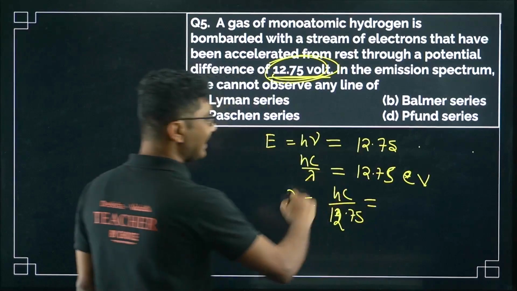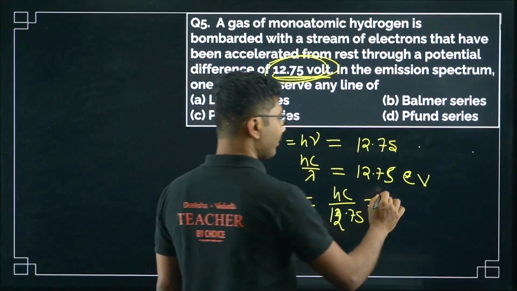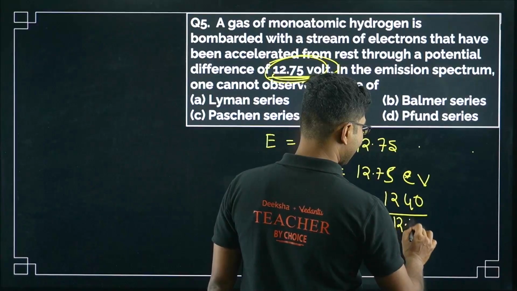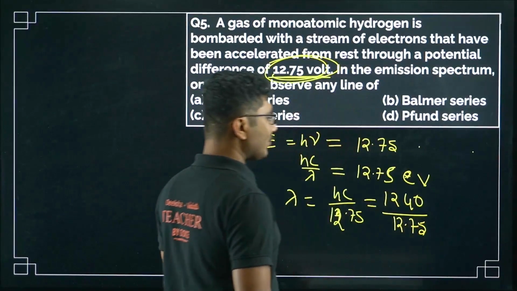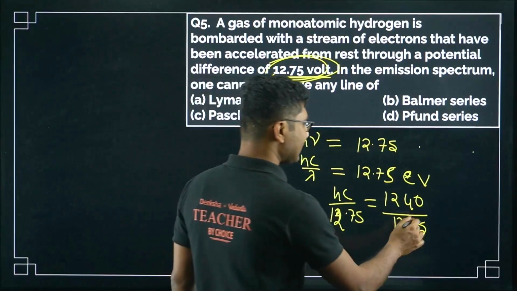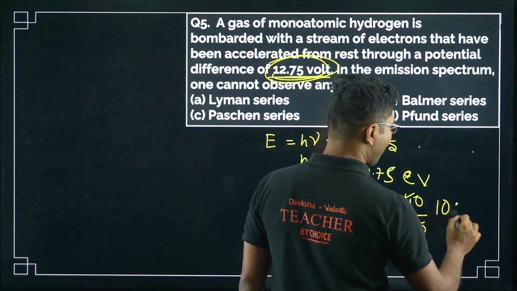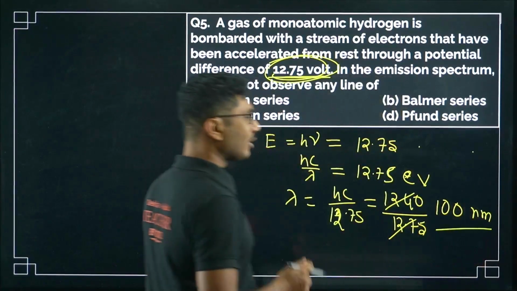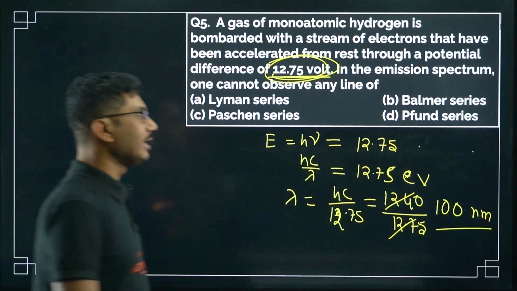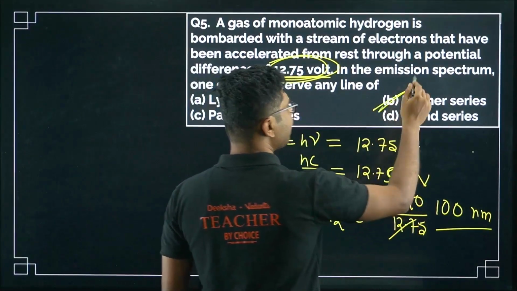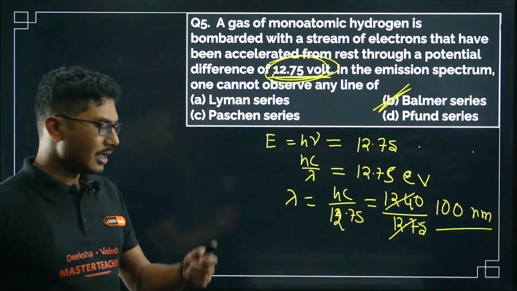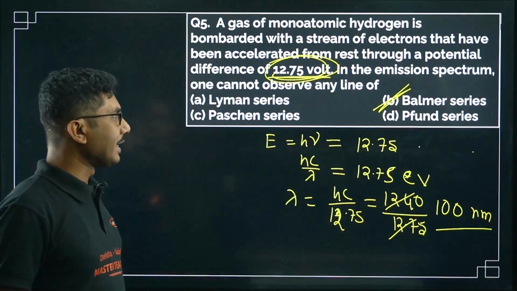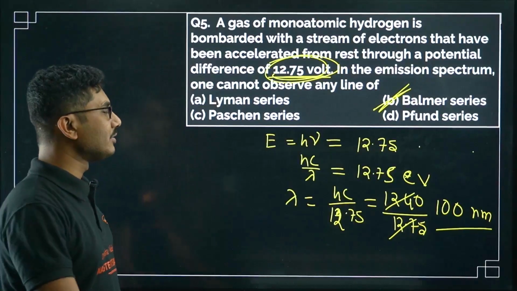Now what is hc? hc is 1240, our old friend. So you can cancel this and you get the lambda to be approximately 100 nanometer. So 100 nanometer means it is outside the visible zone, so it is basically the Balmer series that you cannot see through this. Paschen, Lyman and Pfund can have this range, but Balmer is definitely not going to have this range.